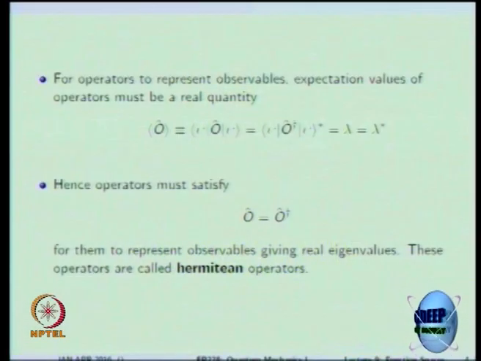So for physical observables in quantum systems, the real eigenvalues will force O equal to O dagger. This is what we call Hermitian operators.